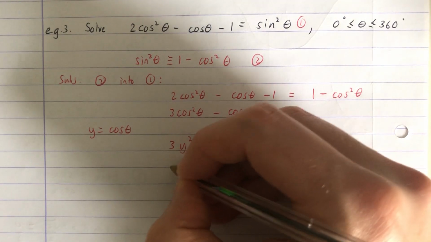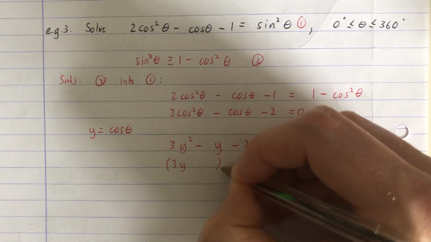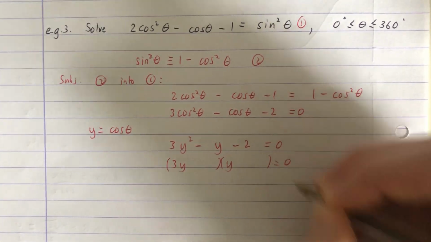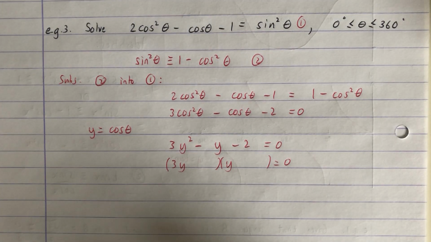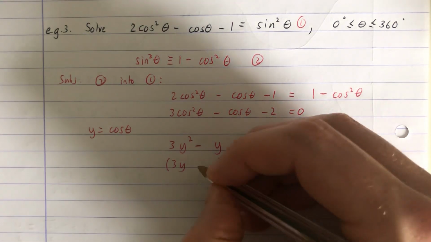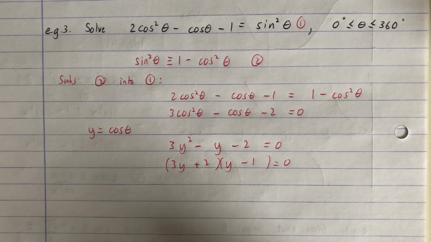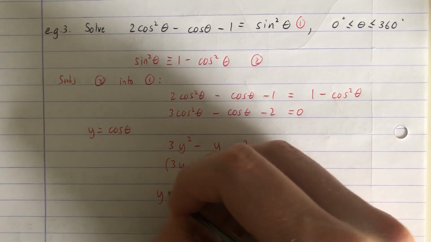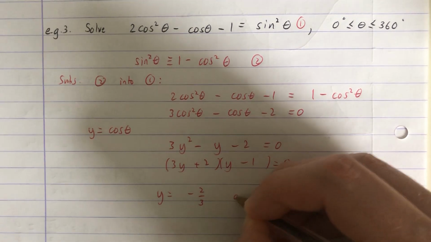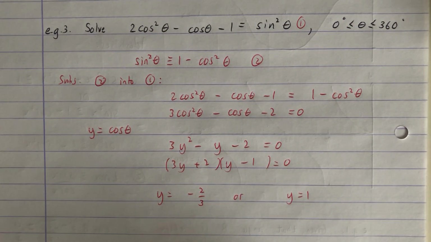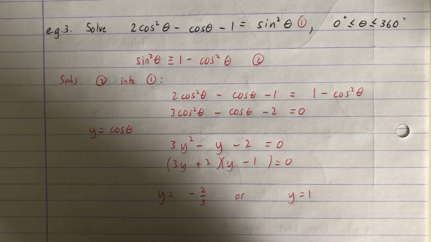Solve the hidden quadratic using factorizing or the formula or completing the square, whichever method you do. So that would be minus 1 plus 2, like so, to give you y is equal to negative 2/3 or y is equal to 1. Problem is we didn't want to work out what y was.